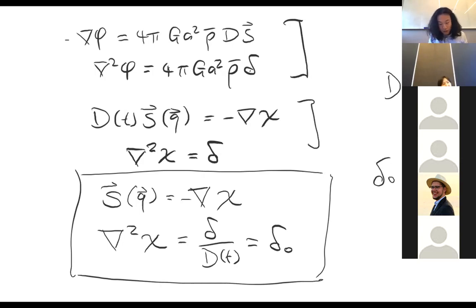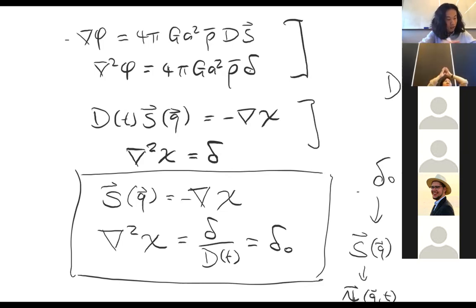And once we have delta naught, using these two formulas, we can find the displacement field S, and in turn find the entire displacement field psi of q and t. So the Lagrangian displacement field can be completely derived from the density contrast. And that's the main result from the Zeldovich approximation: we only need to find delta naught in order to get how to displace our particles at the initial time.